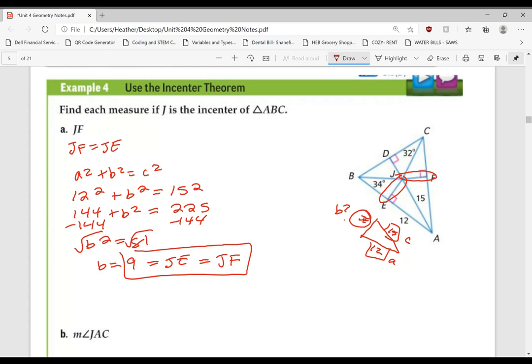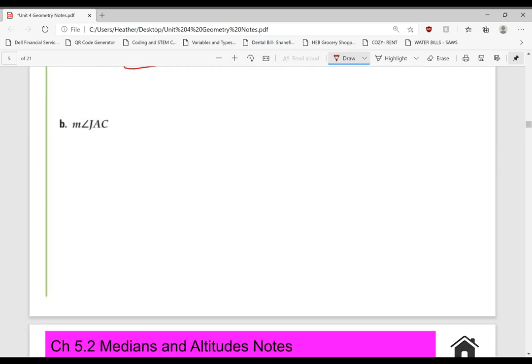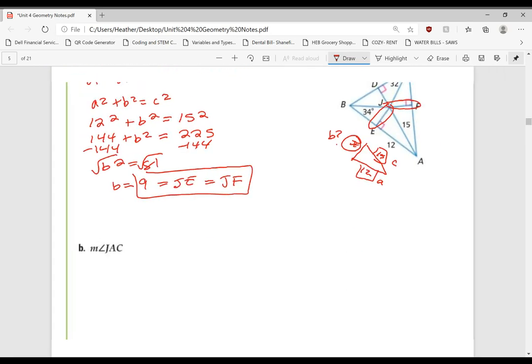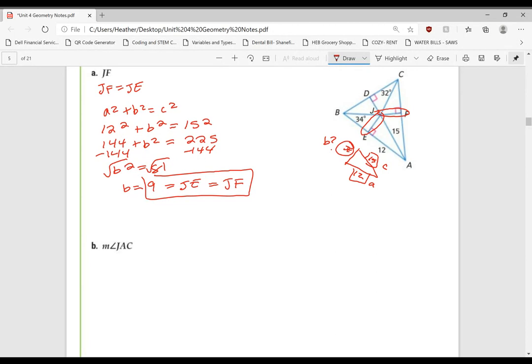Now let's find the measure of angle JAC. We're going to use that same diagram. Since BJ bisects angle CBE, the measure of angle CBE is equal to 2 times the measure of angle JBE. So the measure of angle CBE is equal to 2 times 34. Let's see that on the diagram here.